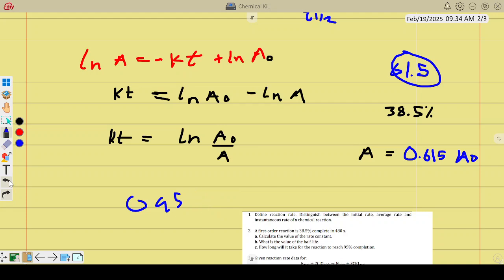Yeah, we'll work through it together. So now let's go on. The final concentration is 0.615 of the initial. So it means here we'll say kt is equal to ln A naught over 0.615 of the A naught, and then we can cancel the A naught.